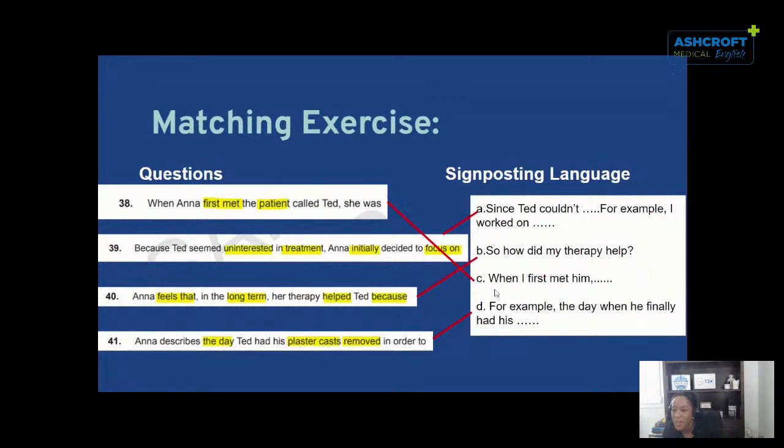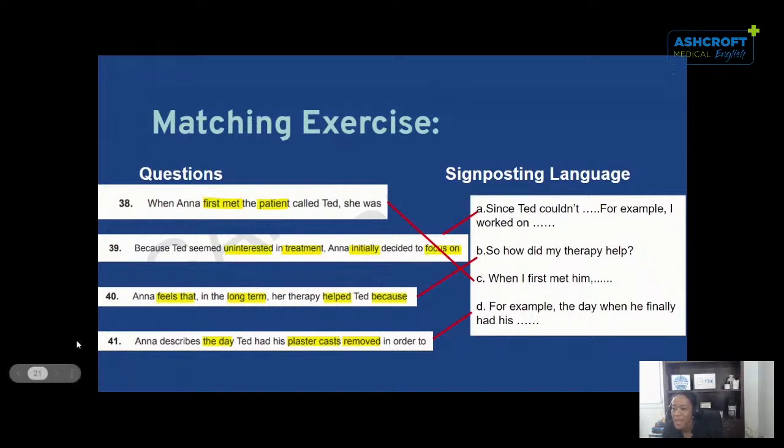And then if we have a look at number 39, we can see that this goes with signposting language here. Okay? So here we're looking at, since Ted couldn't, so he couldn't do something, for example, "I worked on." Okay, so this links with what she focused on.